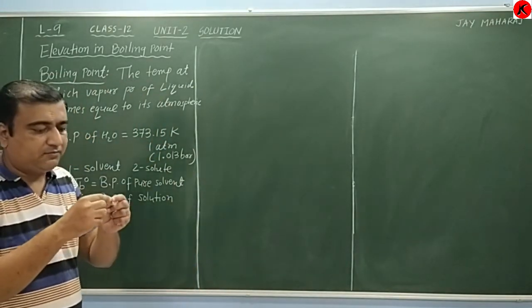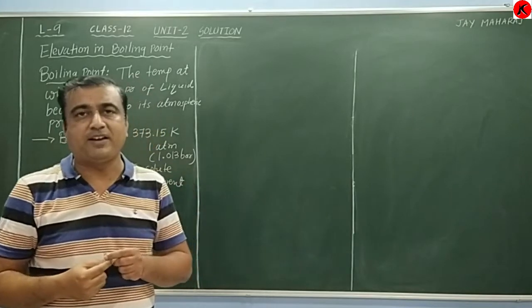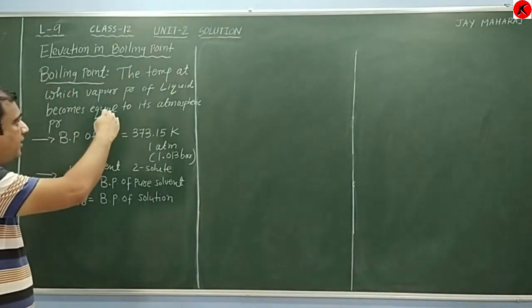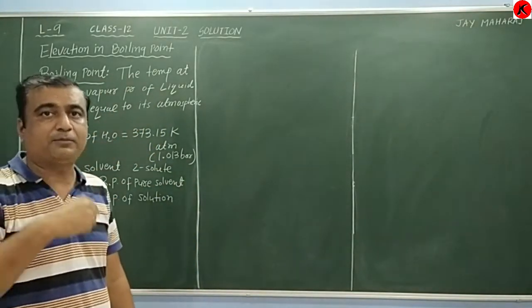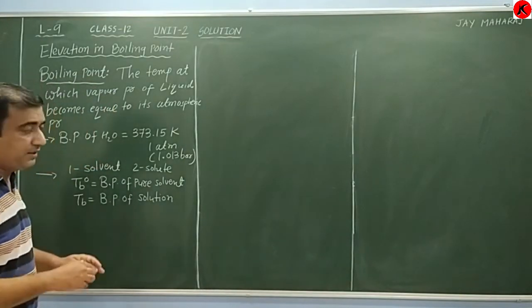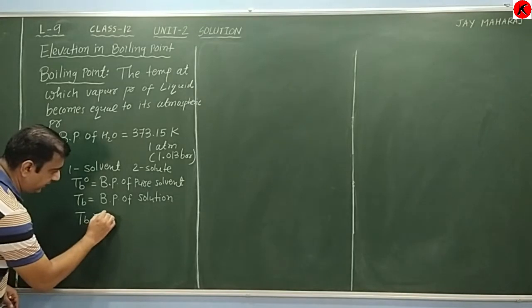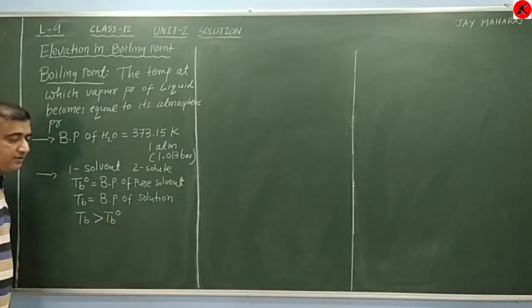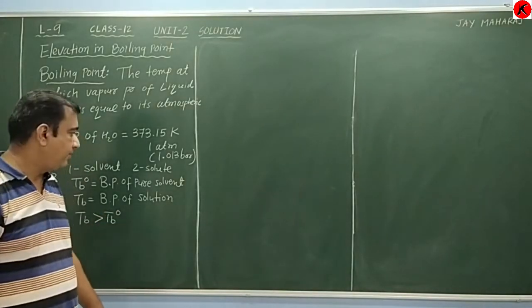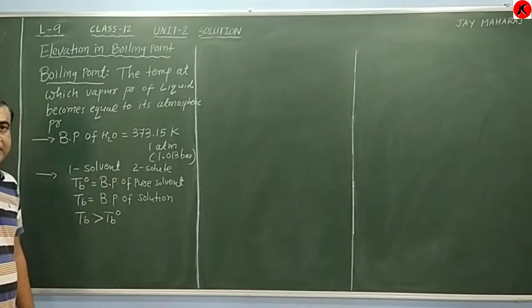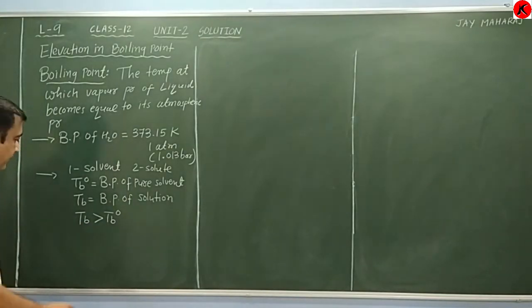That means less heating is required to reach the atmospheric pressure. That means TB is always greater than TB0. The boiling point of the solution is always greater than the boiling point of the pure solvent.